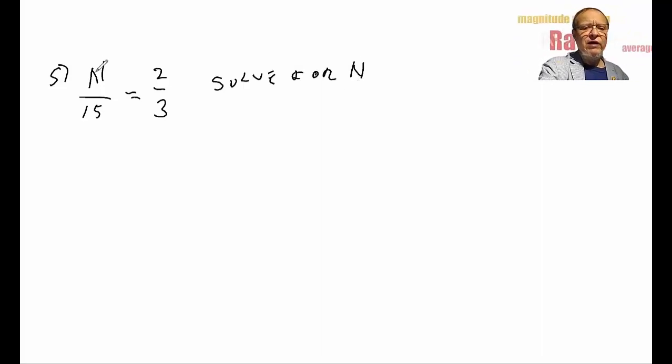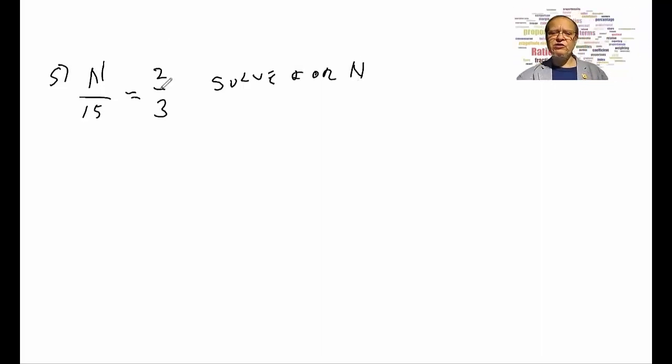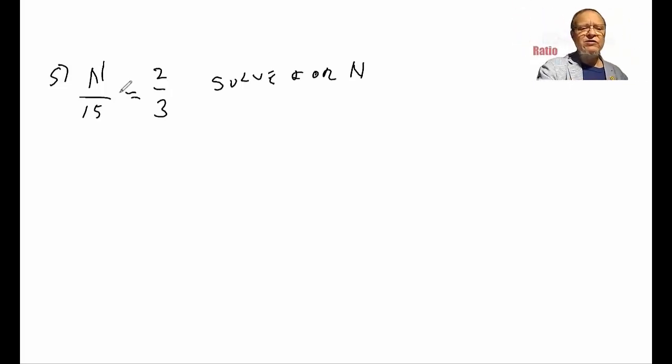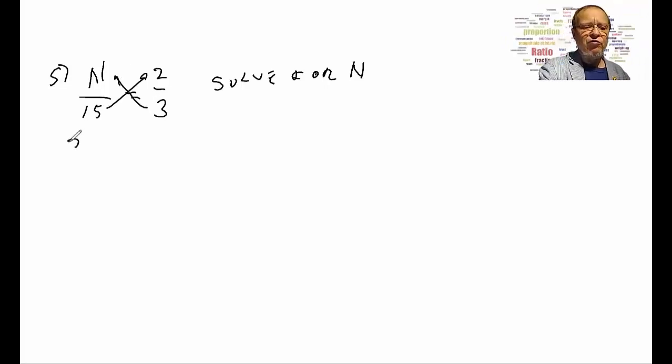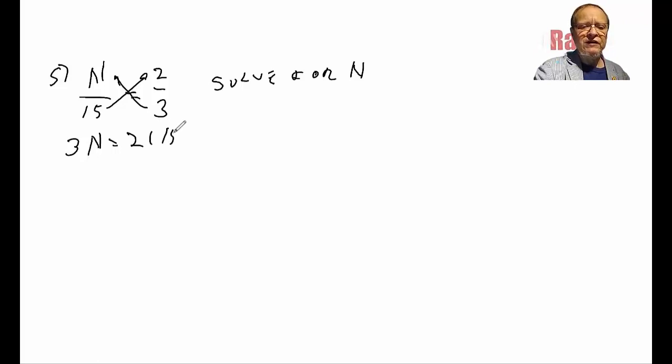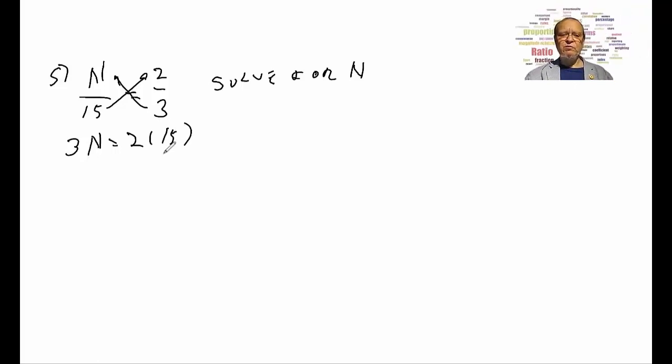Since we have two ratios on each side separated by an equal sign, we can cross multiply. So we get 3n is equal to 2 times 15, which turns it into a regular algebraic problem.